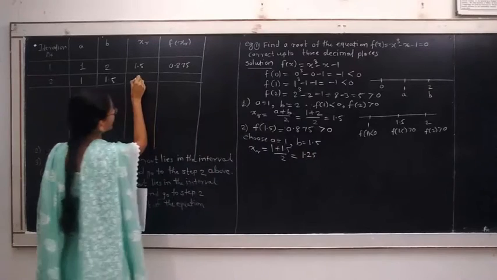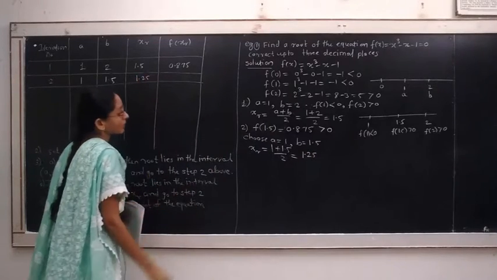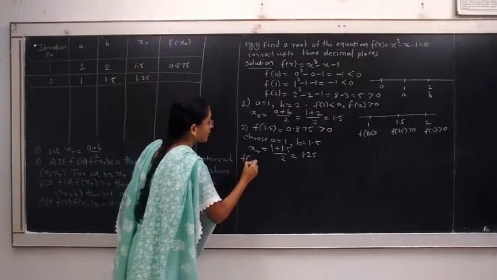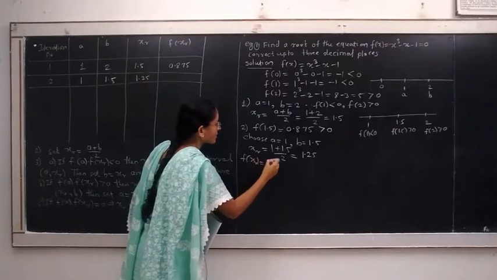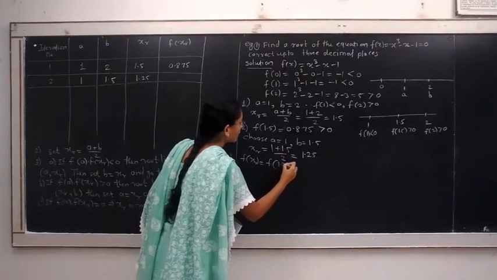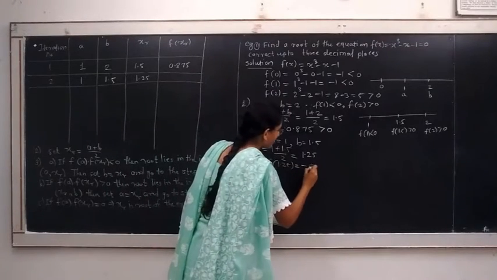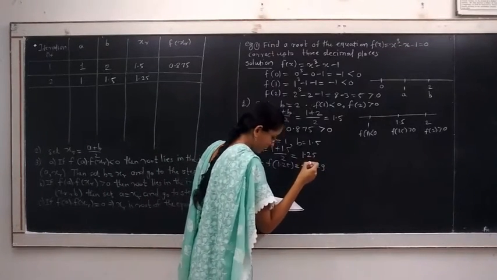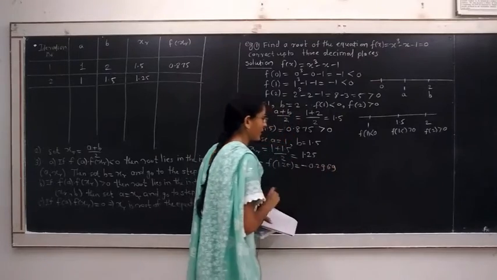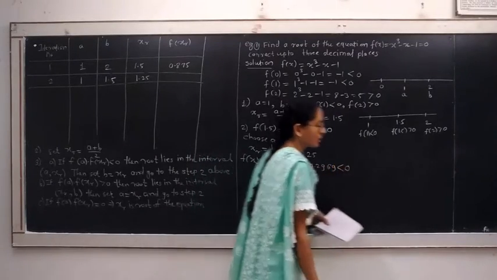In this iteration, xr value is 1.25. The sign of f of xr means sign of f of 1.25. F of 1.25 is minus 0.2969. This is negative.